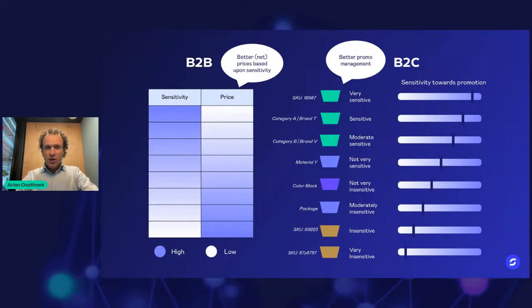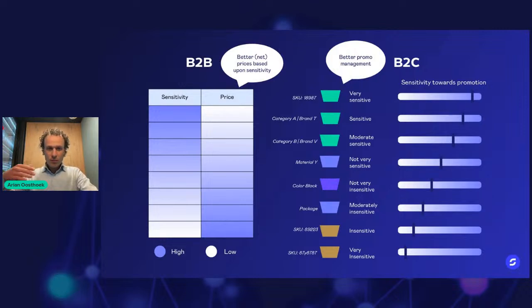So this could be an outcome for B2B and B2C. What we do for B2B companies is that those buckets could be 8 or 16 buckets. We divide all the products of the assortment that is applicable for sensitivity into different buckets, and we define what could be a better net price based upon the price sensitivity. We take the current net price and say, okay, it should be increased or decreased based upon the sensitivity.